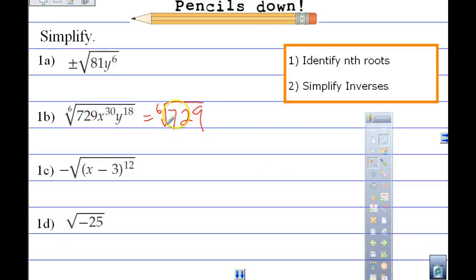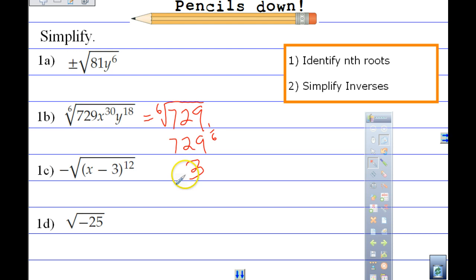Of course, if you couldn't figure out your nth root button, you could always convert this to a fraction. So this is the same as 729 to the 1/6 power. Okay. What answer do you get? It's 3.